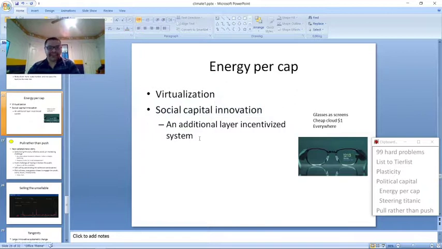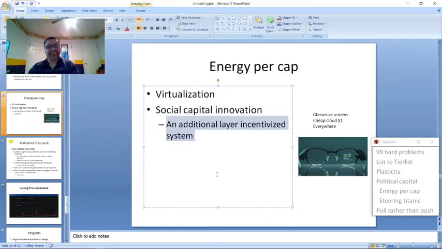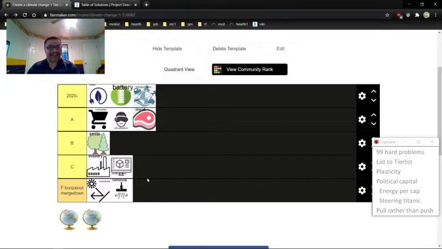It adds an additional layer of incentivized system. And are there any other innovations like that we can add here that will make an impact to energy and transportation?